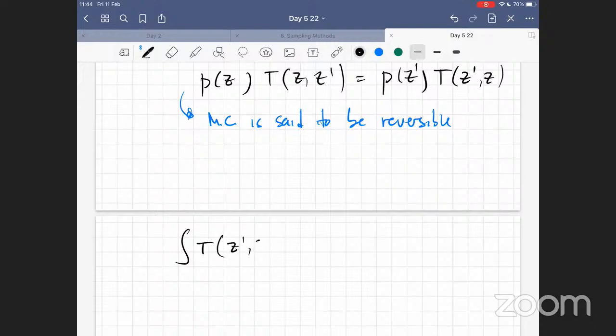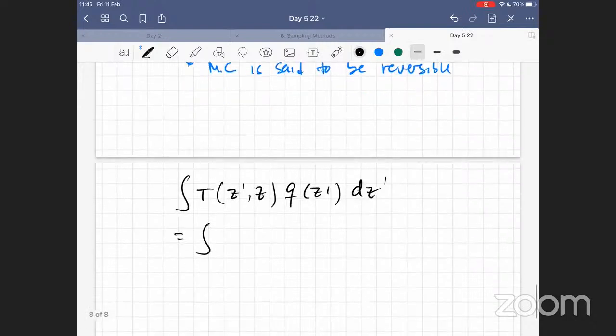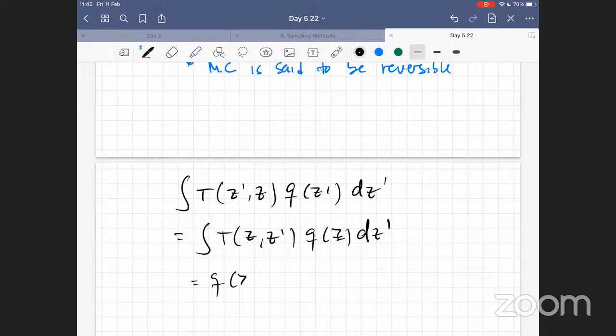If you start integrating, having a marginalization over Z prime, then if I apply this detail balance, I will get, if I replace Z by Z prime, so I interchange the arguments, and then Q of Z goes out of the integral, but the integral of the transition probability is just 1.